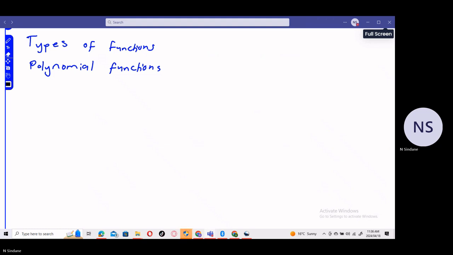A binomial is a function with two terms, and a monomial is a function with one term.